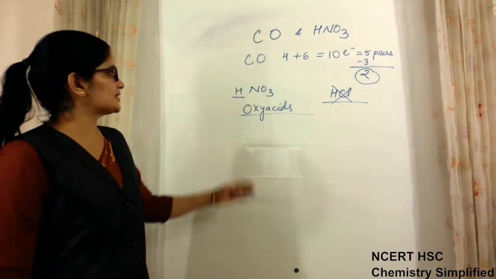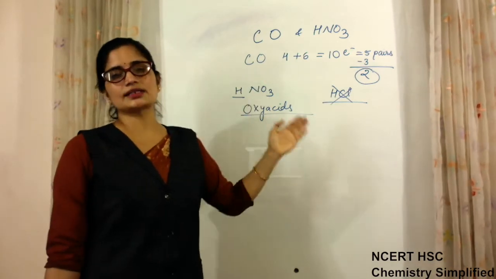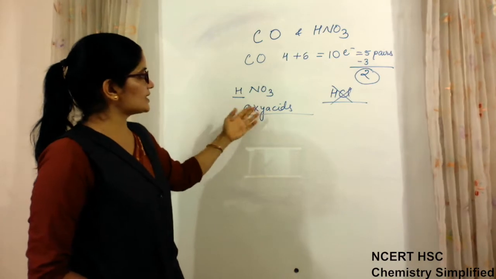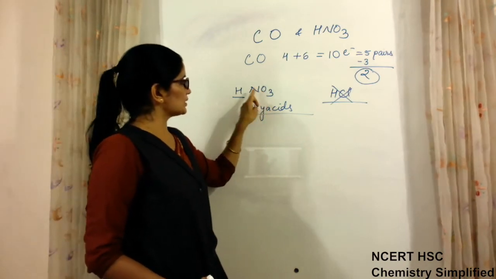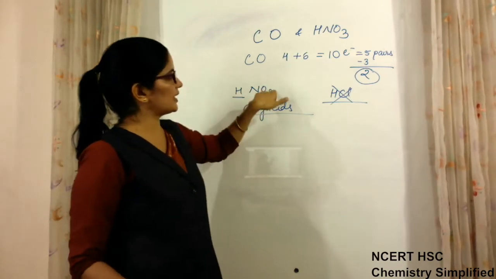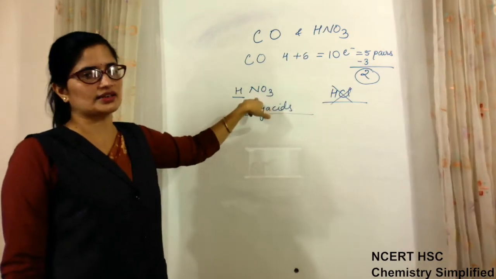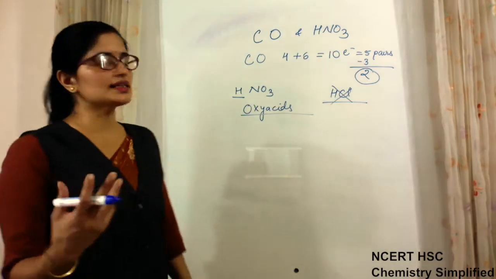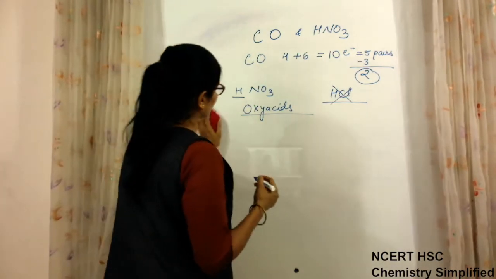In all these acids, like nitric acid, sulfuric acid, phosphoric acid, hydrogen is connected through oxygen to the central atom. Directly it is not connected when oxygen is available.